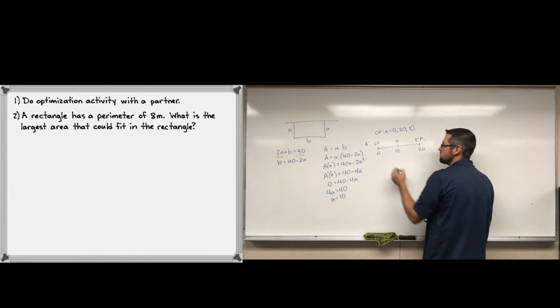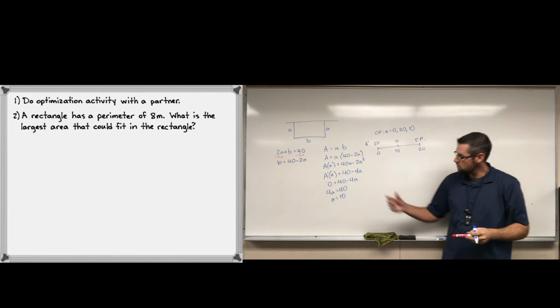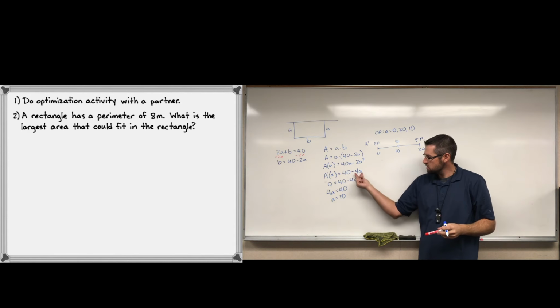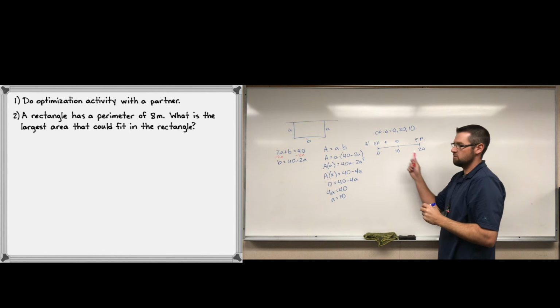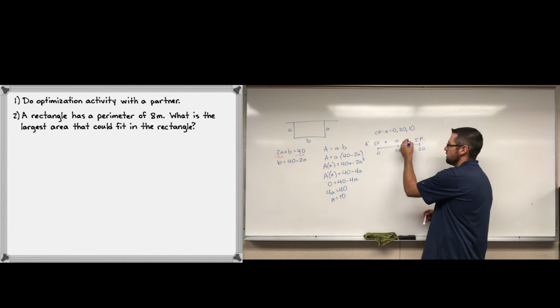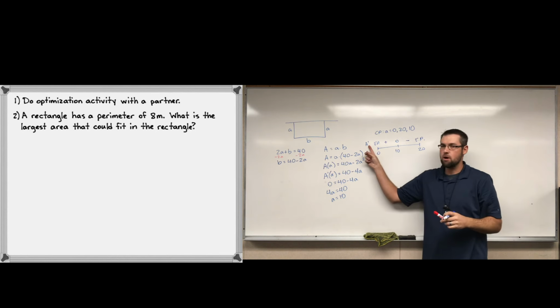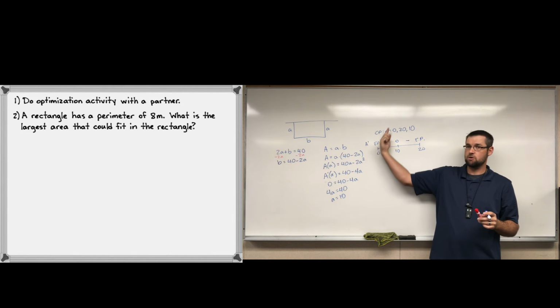So this is A prime. Pick a number. What's a good number? 5. So 40 minus 20, that'd be positive. 15 maybe? Negative. So since A prime is positive in this domain, that means the function, the area, is increasing, right?